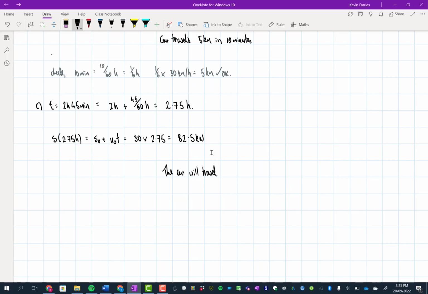So the car will travel 82.5 kilometers in 2 hours 45 minutes.